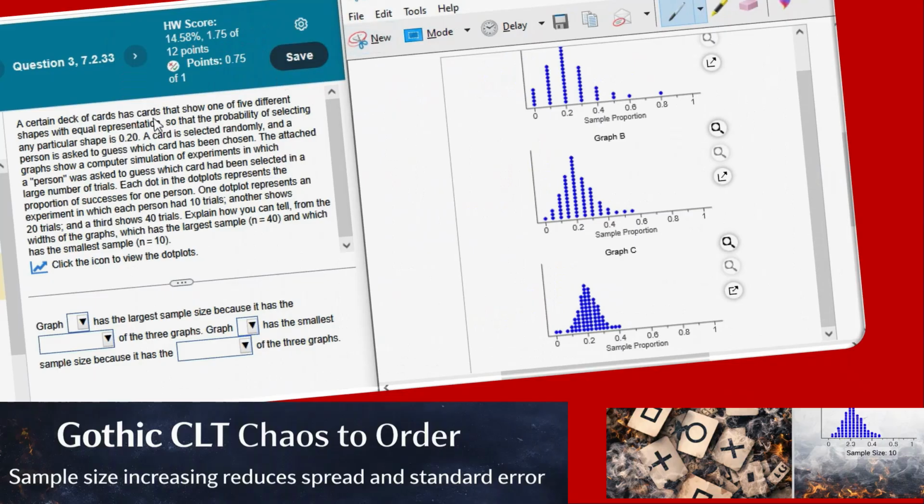So this is a certain deck of cards that shows one of 5 different shapes. So the probability of selecting any shape would be 0.2. We could call that a success. A failure is, I think they ask you to guess, and then they turn the card around, and then it shows what the shape is.